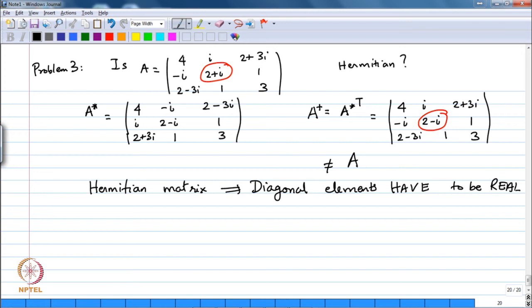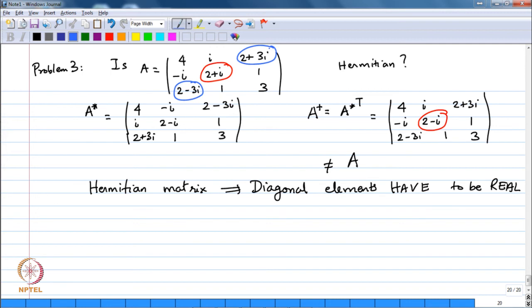So, the diagonal elements of a Hermitian matrix have to be real. The off diagonal elements should be complex conjugates of each other. So, for example, if you had a 2 minus I here, a 2 minus 3 I, then you should have a 2 plus 3 I there. Okay. So, that is a condition for a Hermitian matrix.